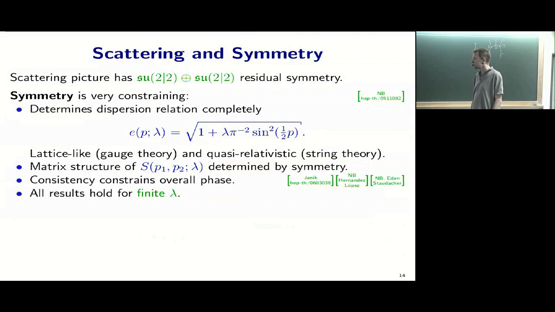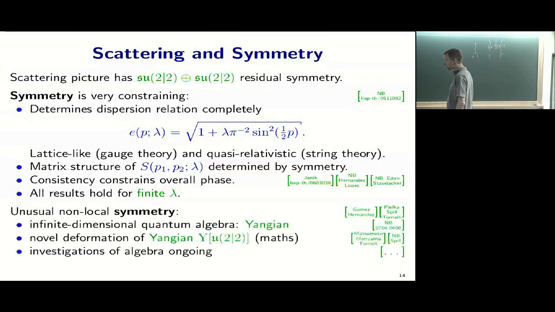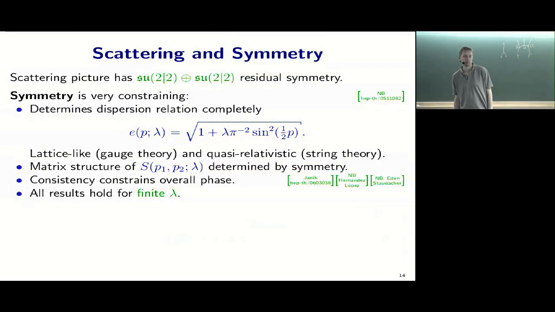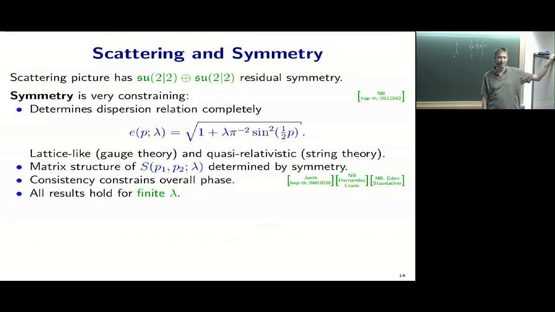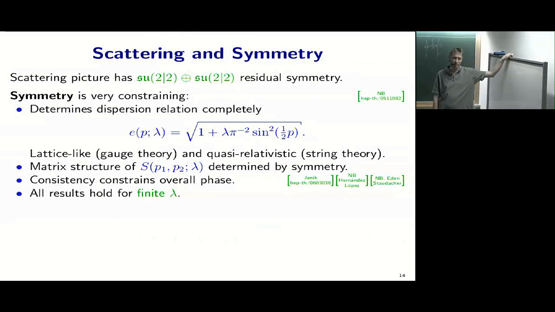And just because it's fixed by symmetry, and symmetry is usually a non-perturbative statement, this is something that does hold at finite lambda. Yes. I mean, symmetry can't do much better than that. It can never do much better than that.